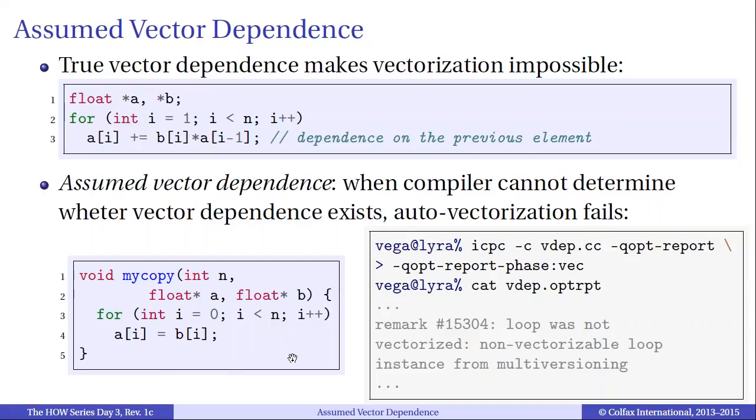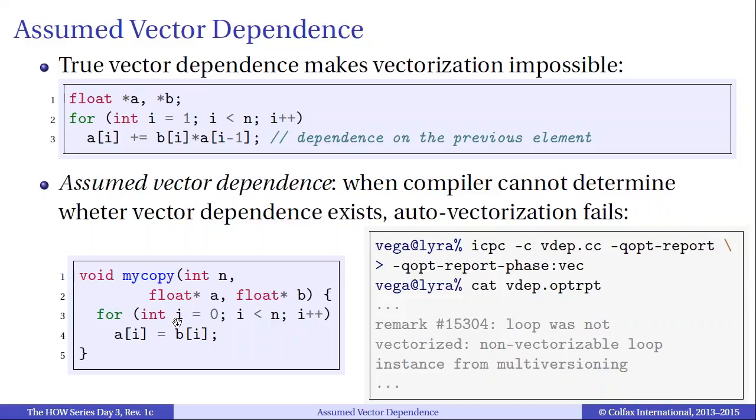But now let's look at something that seems to be straightforward to vectorize, but the compiler will for some reason complain. I have a function, my copy, where I copy B into A, and this assignment is potentially vectorizable.